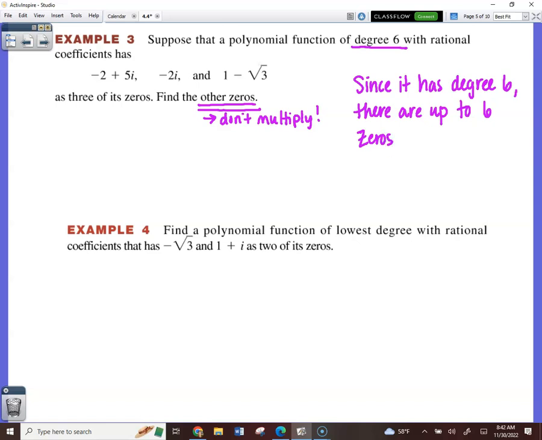I used the word roots, I don't know why, so I'll just use the word zeros. So we've got to find up to 6, which means you have to find 6, because you're not in a position to say, oh, there's only 5 here. If it's degree 6, you're finding 6 zeros. If it's degree 4, you're finding 4 zeros.